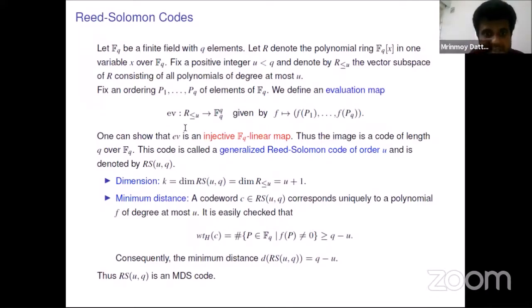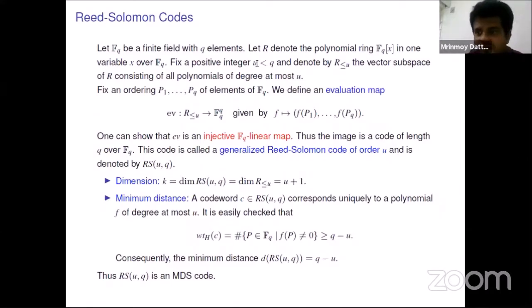One can easily check that this map is injective, and because we have made this assumption that u is less than q, it follows that this map is an injective map. So injectivity needs actually this condition u less than q, but it is very easy to check that this map is a linear map.